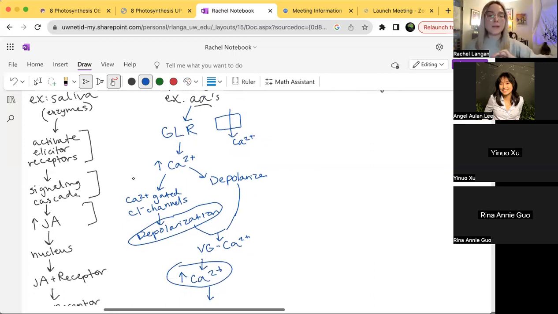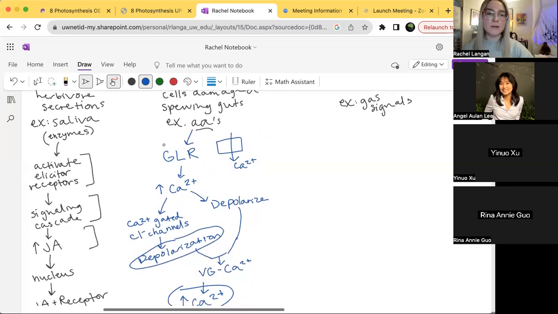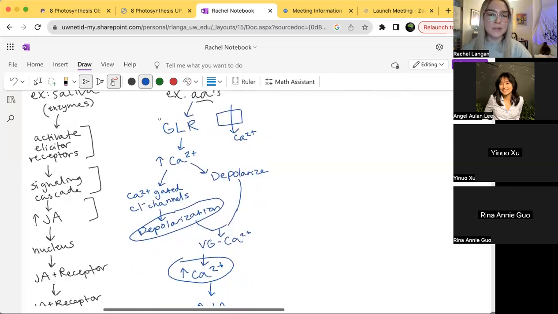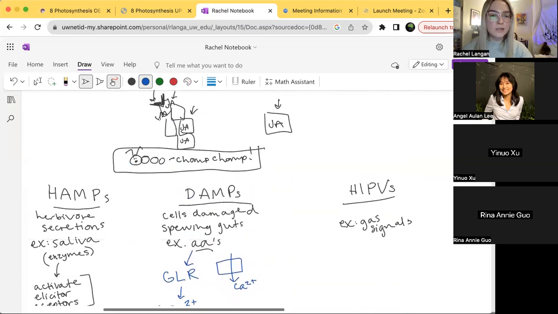Okay, now before I move on, I'm going to start to talk about how this all has to do with distances, right? So you can imagine, say we have some plant cells here. Everything I've said so far about the HAMPs and DAMPs is extremely local distance.